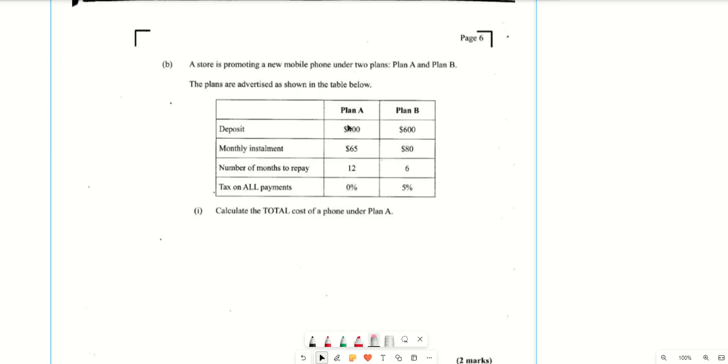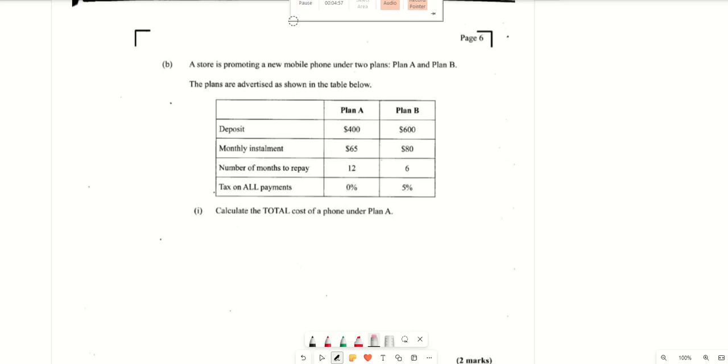Okay, first off, let's just find out what Plan A is.